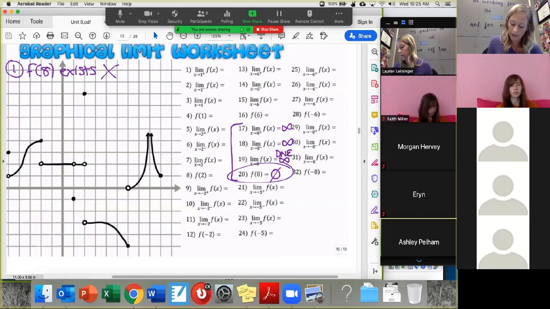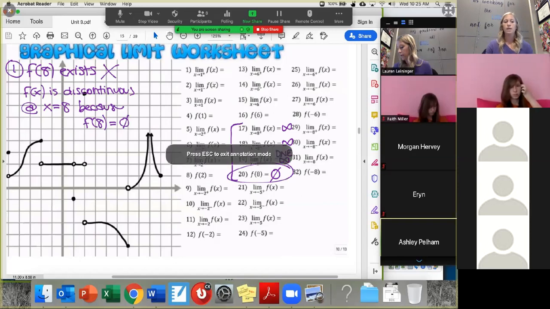So I would stop right here and I would say f of x is discontinuous at x equals 8 because f of 8 equals undefined, or doesn't exist. You could say either or. Okay.